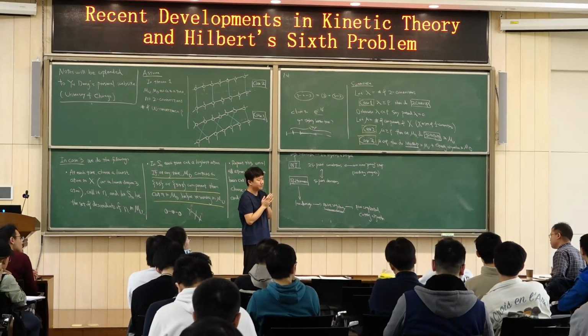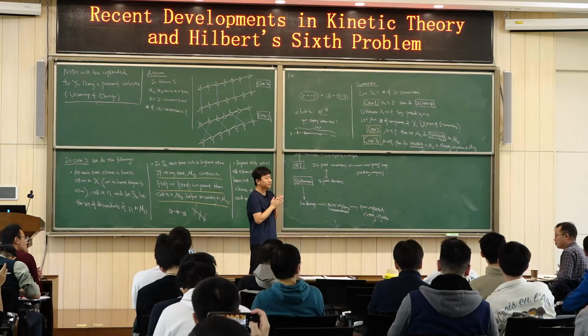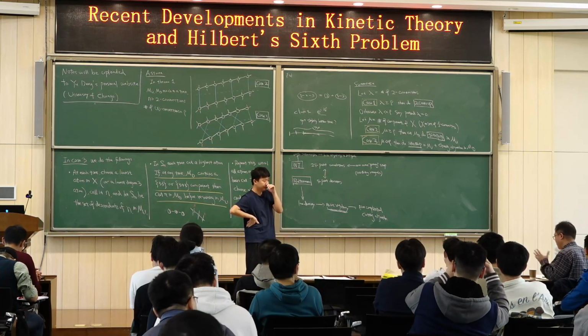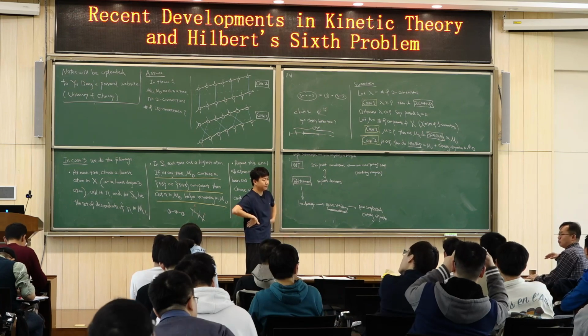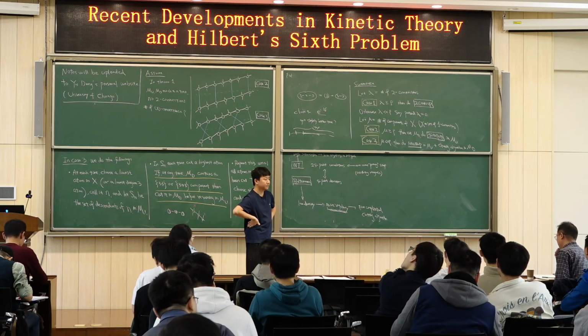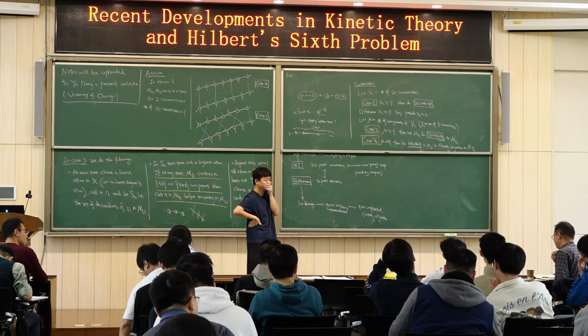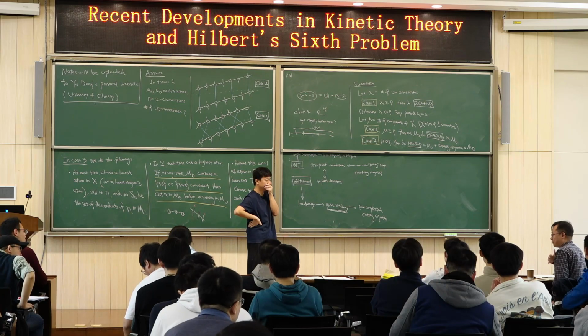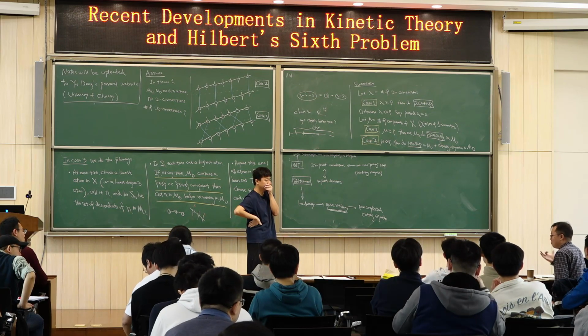So far you achieved the validity of the Boltzmann equation, at least for hard sphere and hard potential. So I am wondering, could this approach characterize quantitatively some property of the Boltzmann equation?